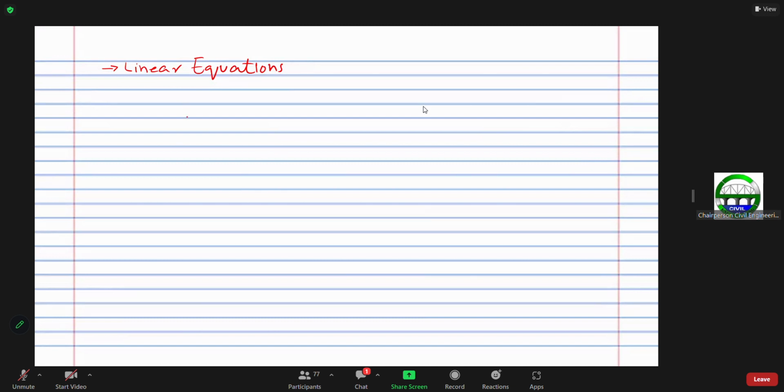In the linear equation, there were two things. One was the direct method, and the other one was the indirect method. We just talked about the direct methods.